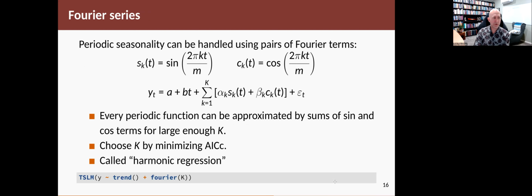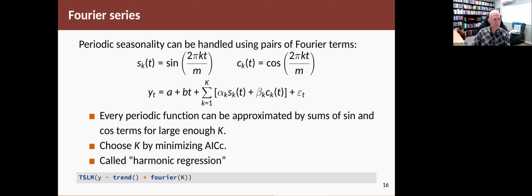And then the last one I want to talk about is a special way of handling seasonality, which is particularly useful if you've got long periods or if you've got non-integer periods. So you can handle seasonality using pairs of sines and cosines, which are called Fourier terms, named after the French mathematician Fourier. And they are of this form.